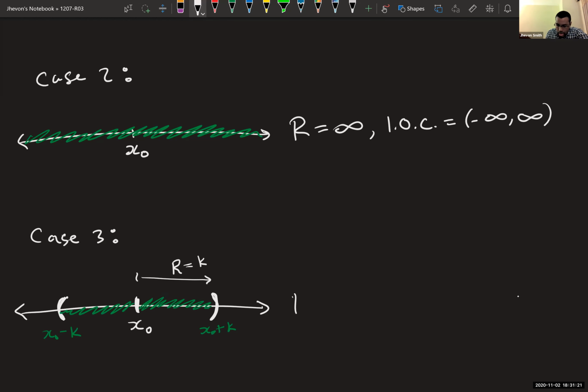And in this case, I would be able to say R is K, and my interval of convergence is going to be x naught minus K to x naught plus K, where one or both endpoints may, not necessarily, you have to test for it, be included.